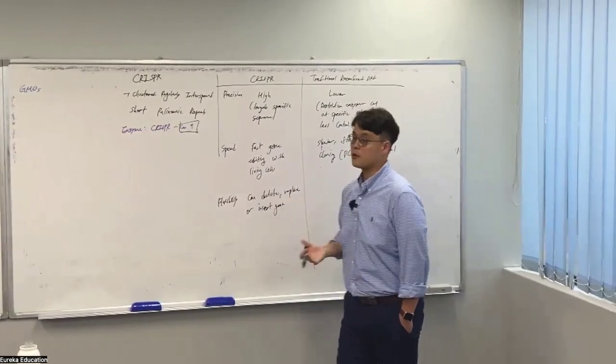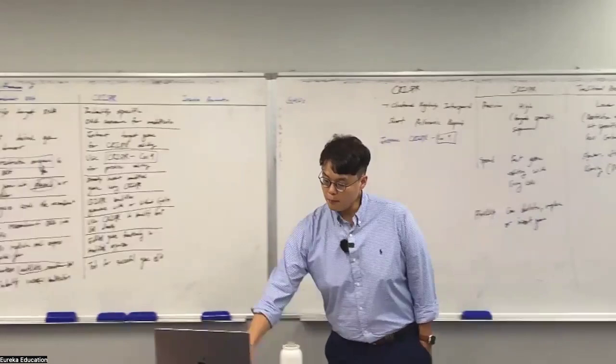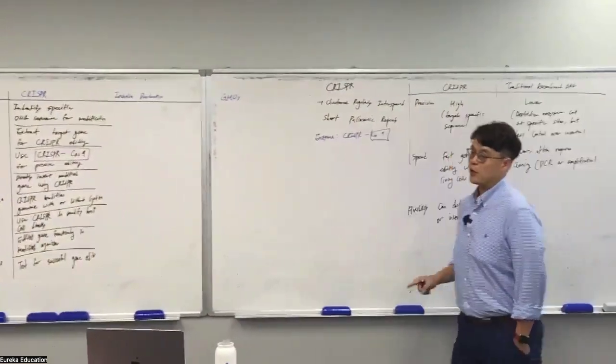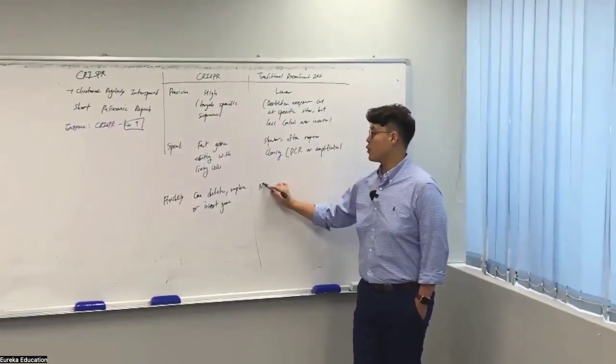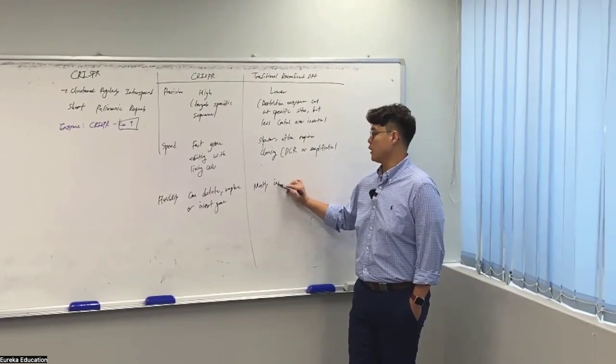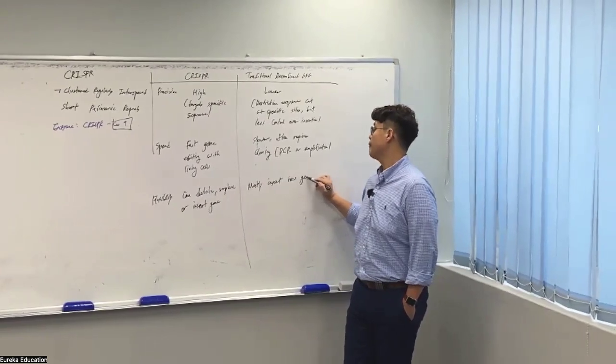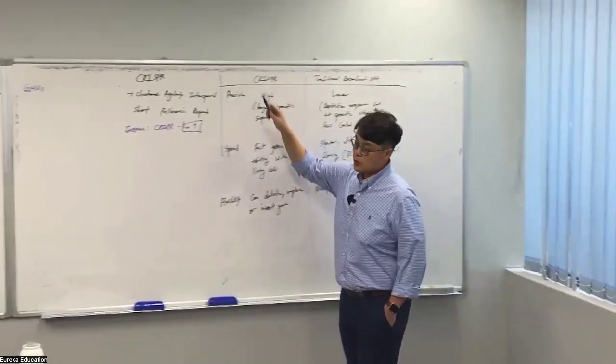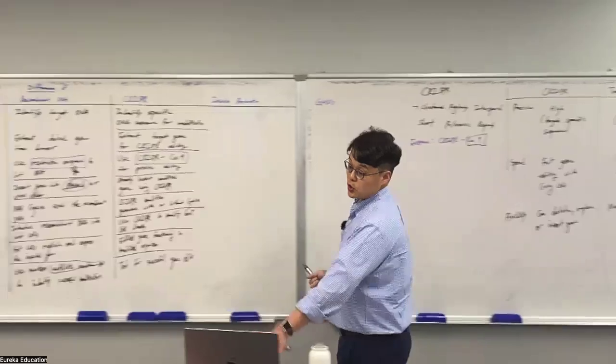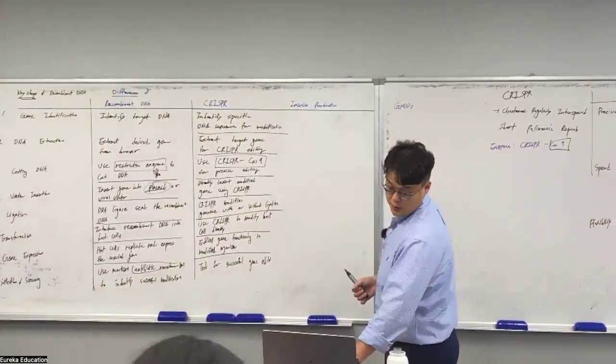So it's really multi-flexible. Compared to the traditional recombinant DNA, they can mostly only insert new genes. So this is what I call the difference between the two in terms of that.